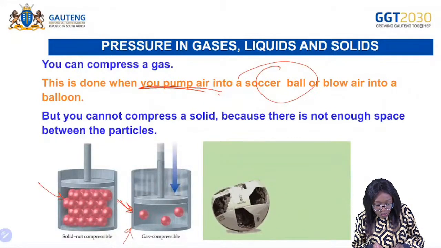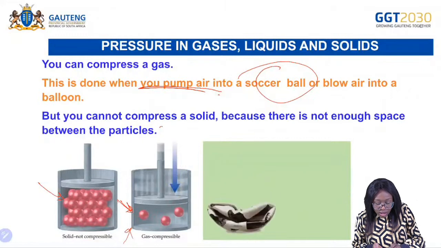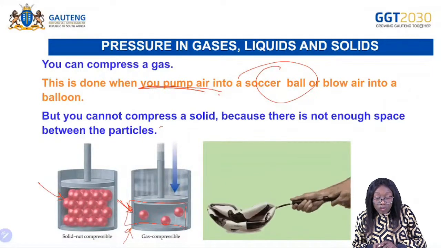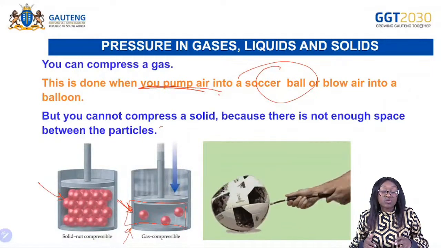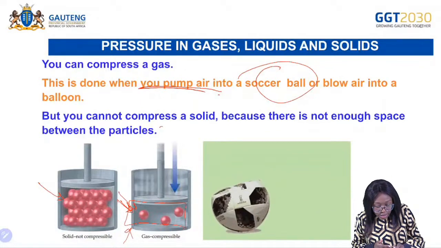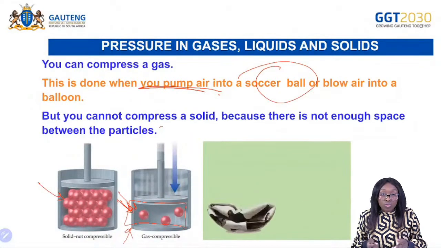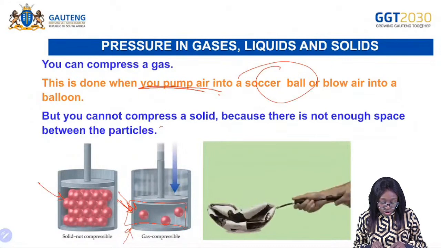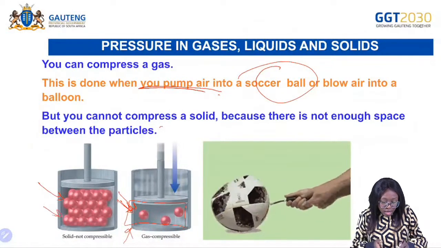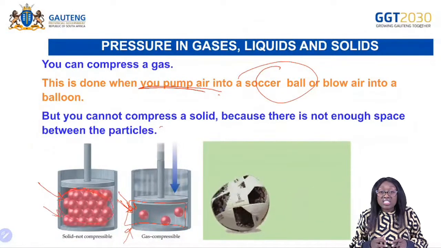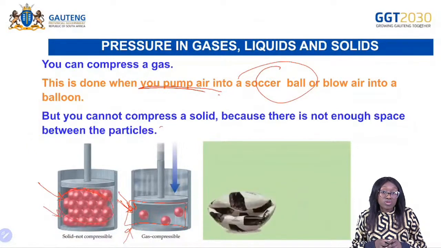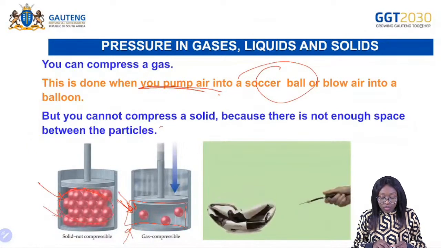You can increase pressure here, either by reducing the volume of the space occupied, which increases the chances of collision, or adding more particles here, which also increases the chances of collision. But with solids, you cannot add more particles here. It is already packed. The spaces between the solids are already small.